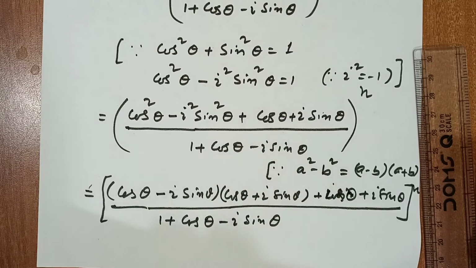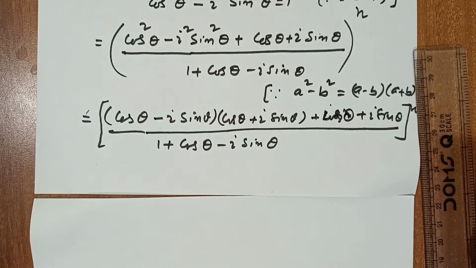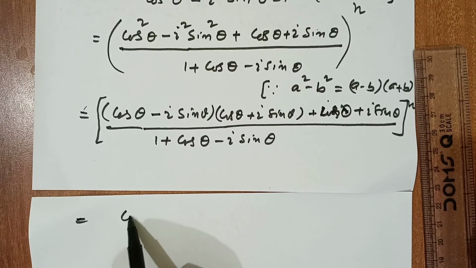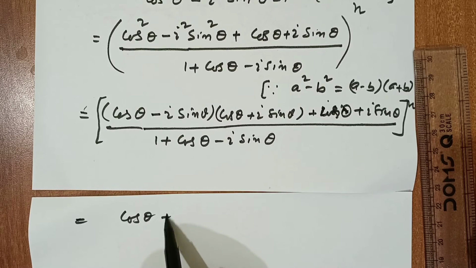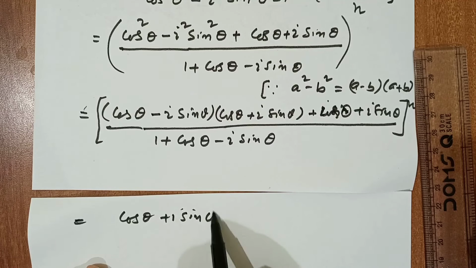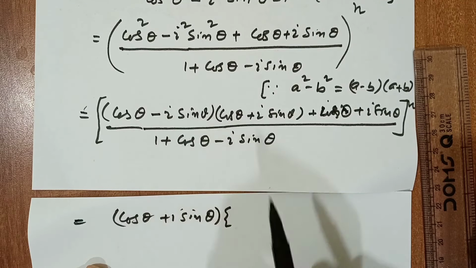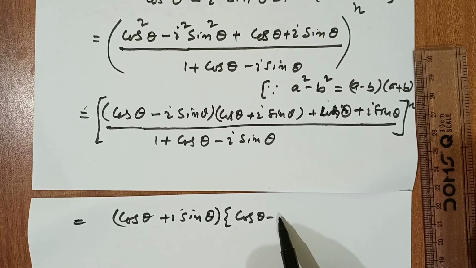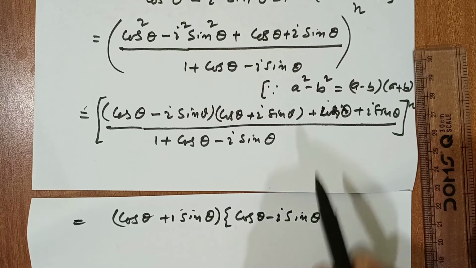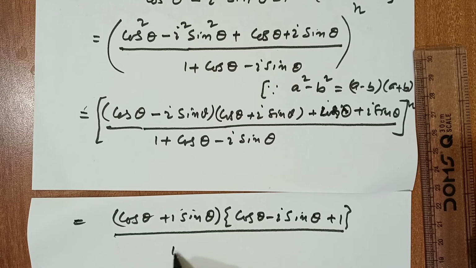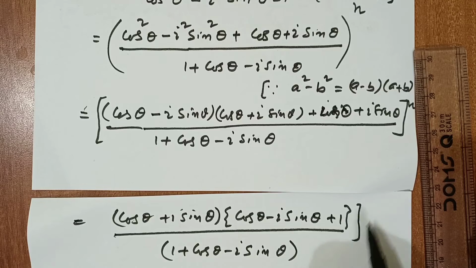So we will write, is equal to (cos theta plus i sin theta) times (cos theta minus i sin theta plus 1) upon (1 plus cos theta minus i sin theta), whole to the power n.